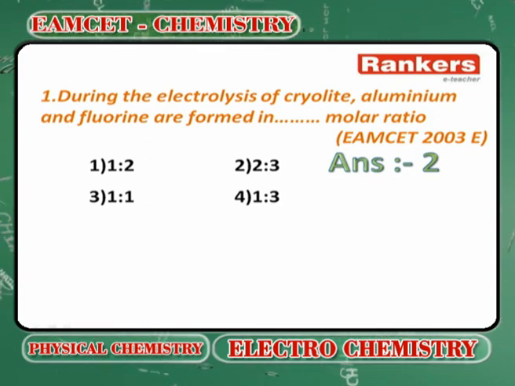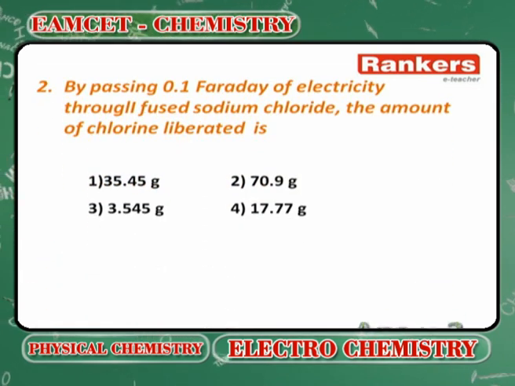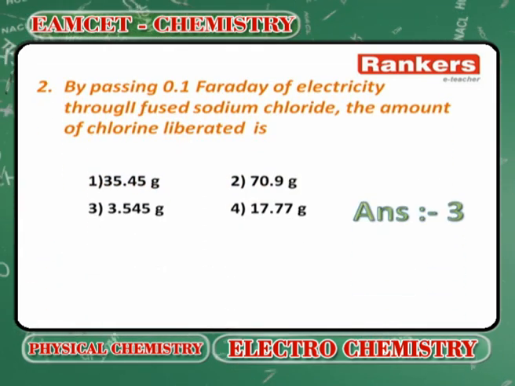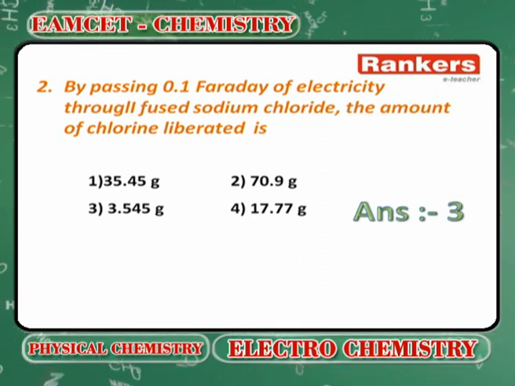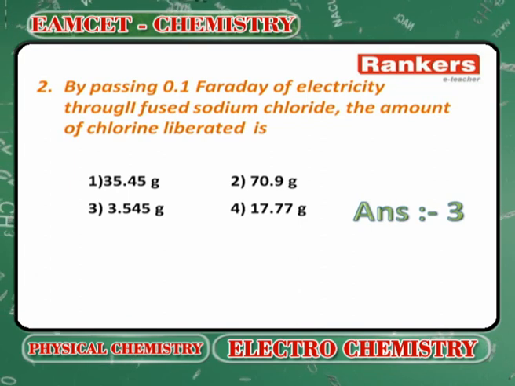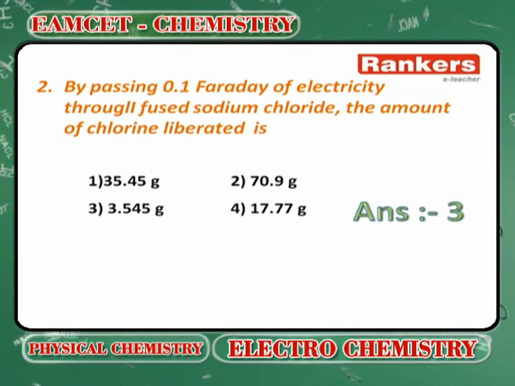Next question. By passing 0.1 farad of electricity through fused sodium chloride, the amount of the chlorine liberated is.